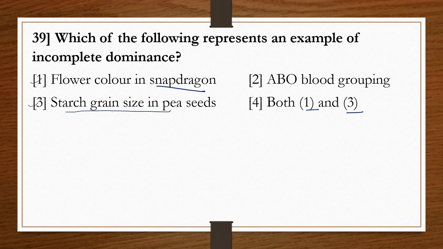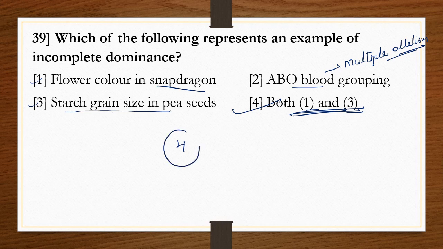ABO blood grouping is an example of multiple allelism. So the correct answer is option 4, since options 1 and 3 are both correct.